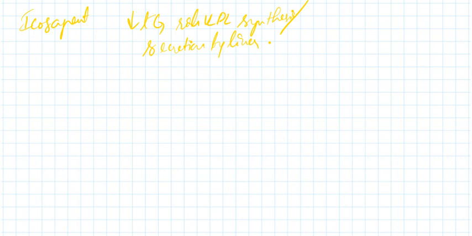They decrease both the actions. And also one more important thing of icosapent is it inhibits platelet aggregation.